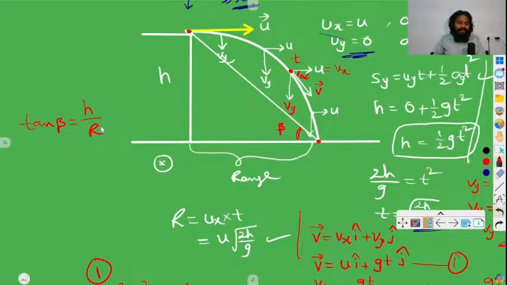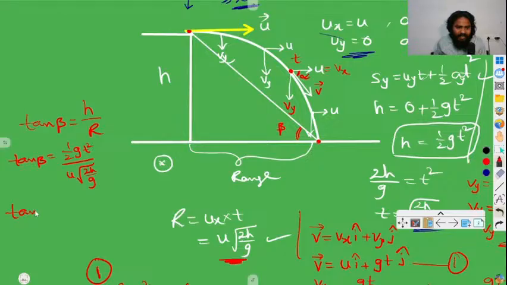Here h equals half gt square, and the range is u into root 2h by g. You can directly remember this formula and solve the problems. If you want, you can use this also.